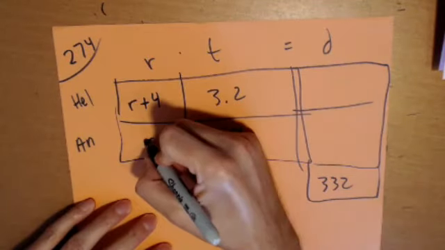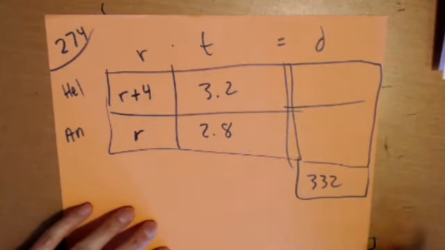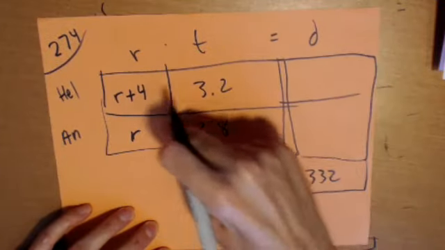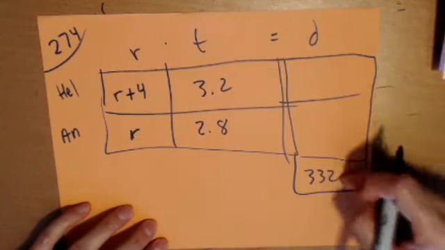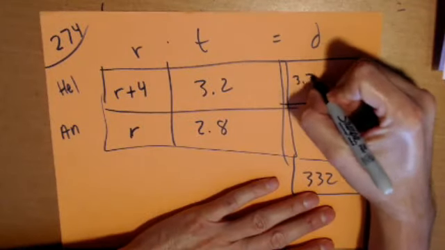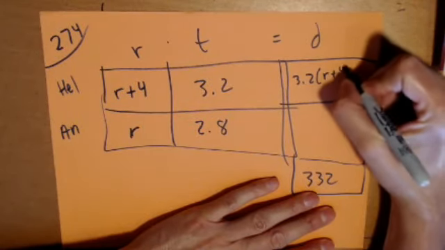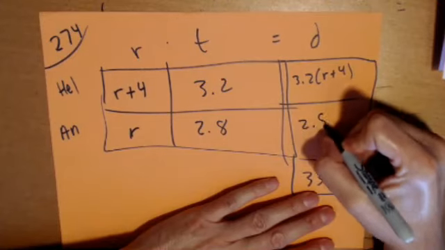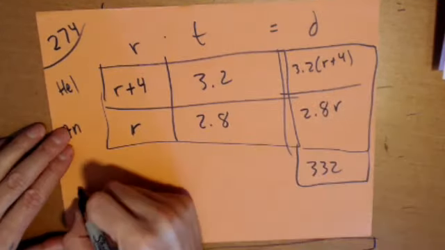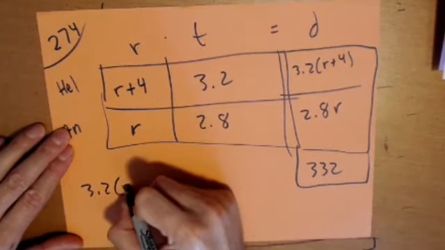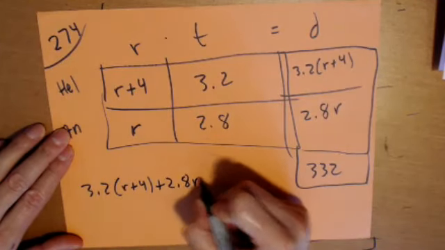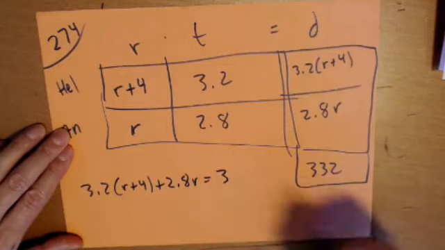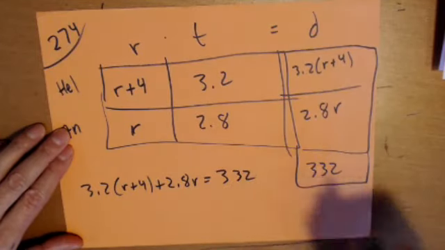So now, it's very similar to what we were doing previously. This times this is that. This times this is that. But now we're looking at the total distance, so this plus this is that. So 3.2 times R plus 4 plus 2.8 R equals the total distance, 332.